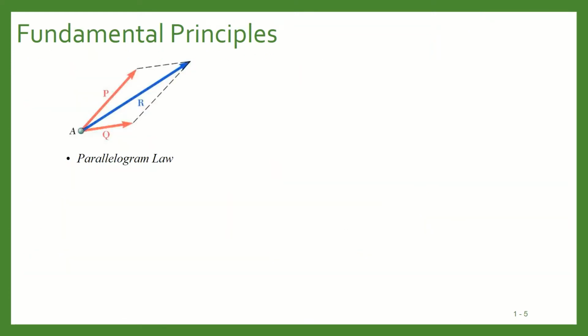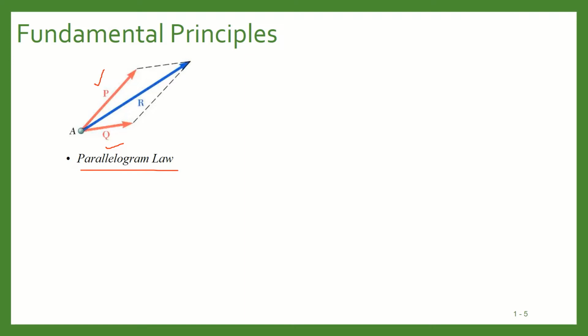Now there are certain fundamental principles which you might have studied in your physics course. One such fundamental principle is the parallelogram law. So if there are two vectors P and Q, and they are represented by two arrows, so this is the direction and the length of the arrow will represent the magnitude.